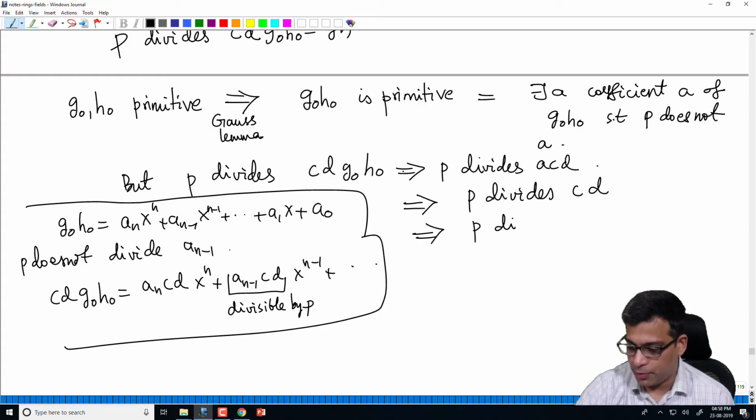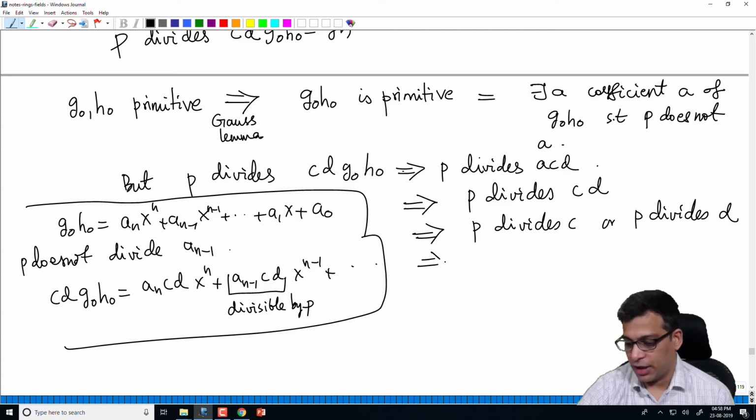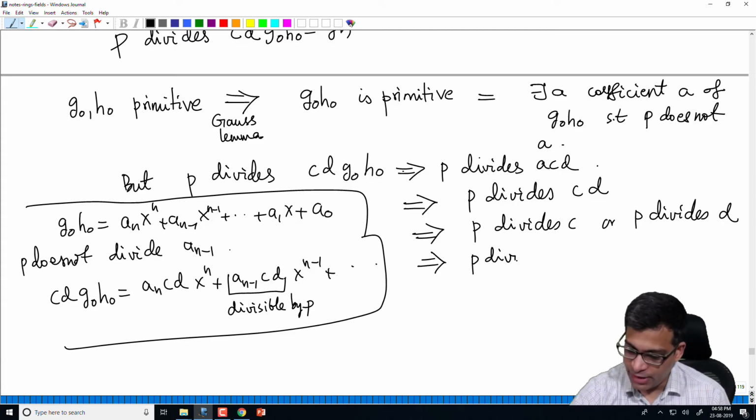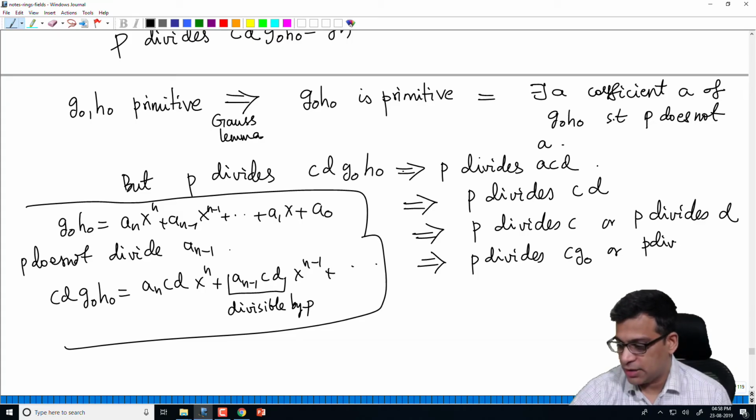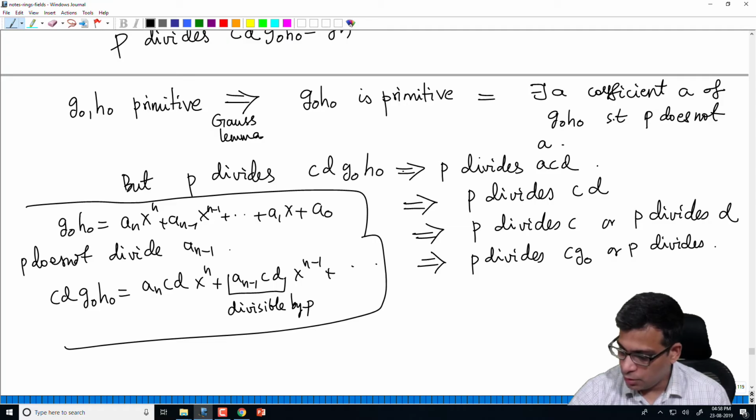That means, p again being prime, p divides c or p divides d. That means p divides c g0 or p divides d h0, so p divides g or p divides h.